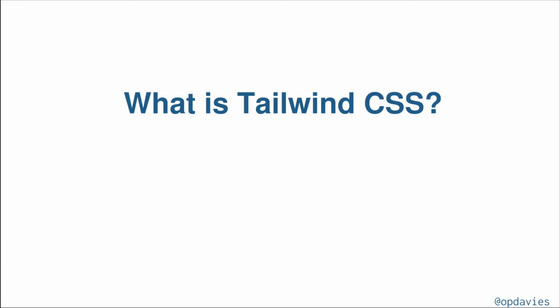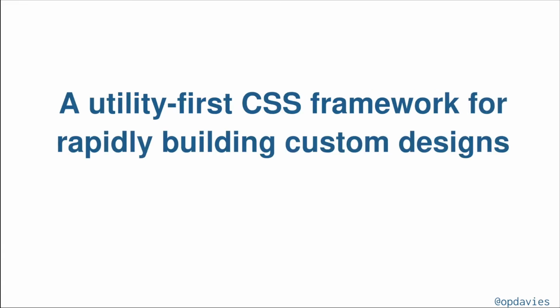So what is Tailwind CSS? The website, at least the old version, they just redid it when Tailwind 2 was launched, so hopefully this is still there, says it's a utility-first CSS framework for building custom designs. The main thing that jumps out for me is utility first.